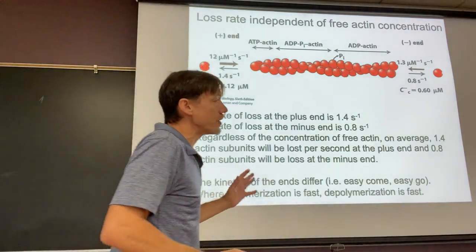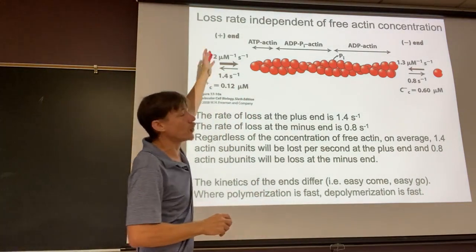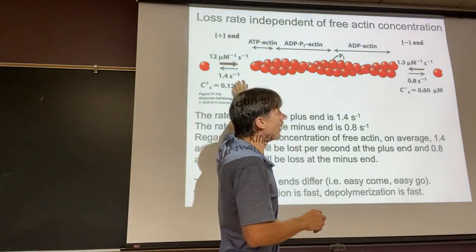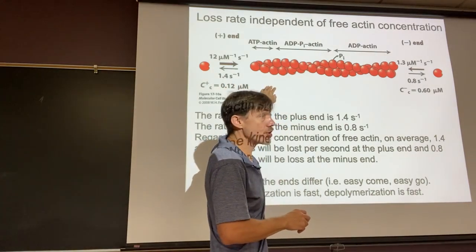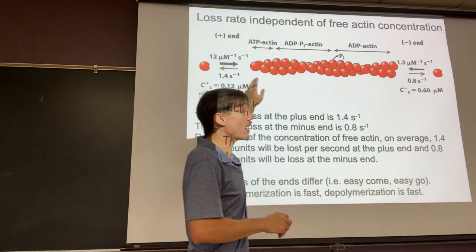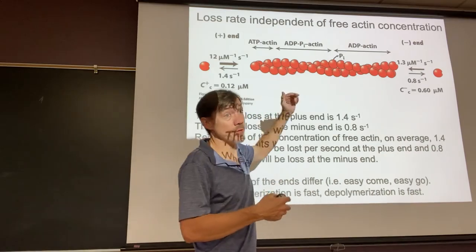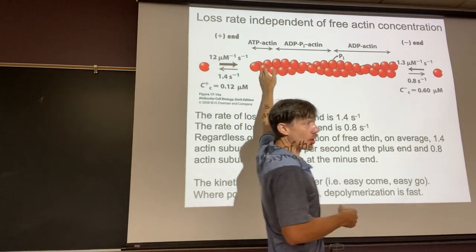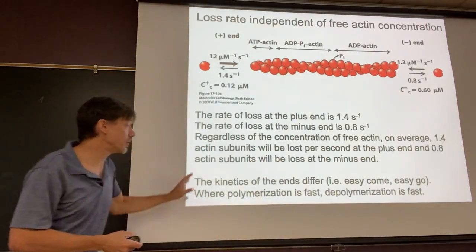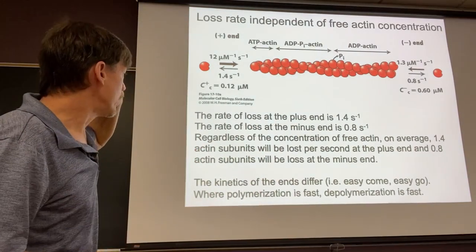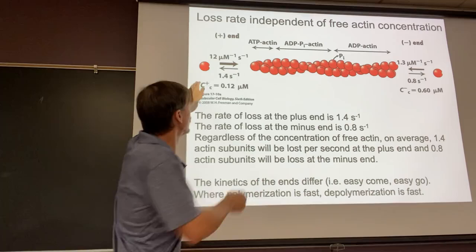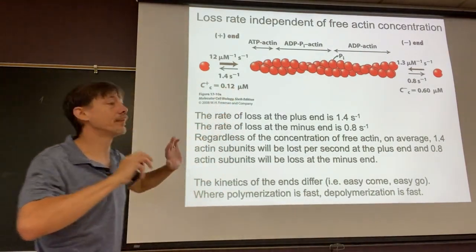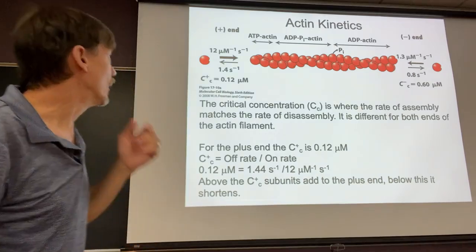A lot of what cells are doing is controlling assembly rates, and at least in this context, disassembly doesn't depend on concentration. Cells have other mechanisms, and in fact, when cells really want to get rid of actin, they break it up into little chunks, and then that gets disassembled. So assembly depends on concentration, disassembly does not.